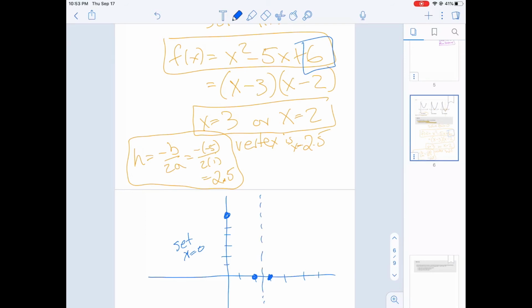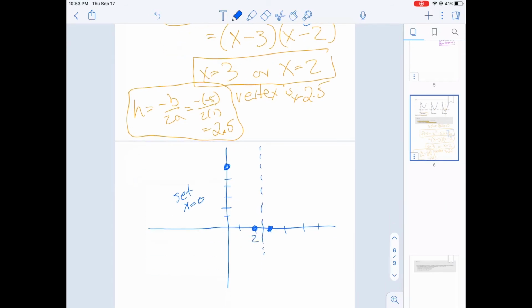And the axis of symmetry is right in between 2 and 3, so that's at 2.5. So this value over here is 2.5 to the left, and 2.5 to the right we're going to be at the same height.